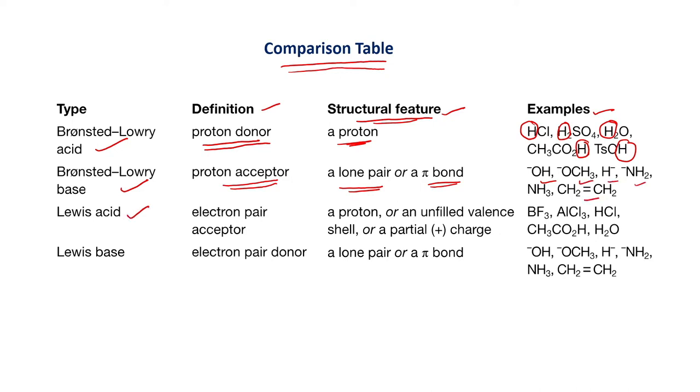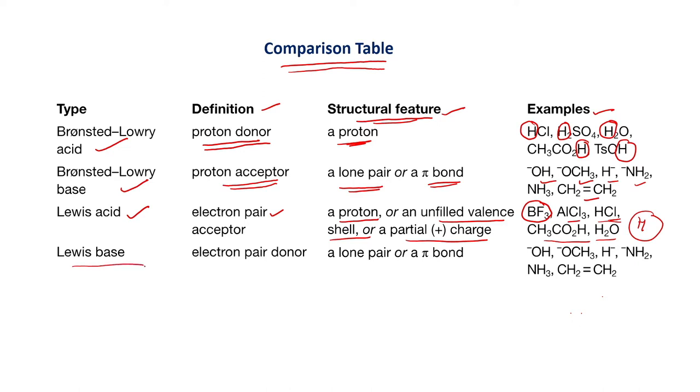Lewis acids are electron pair acceptors. So the structural features involve an unfilled valence shell and a partial positive charge, like in the last example we studied, BF3 and aluminum chloride. Now you can see in acetic acid, water and hydrochloric acid the structural feature is a proton because they are Bronsted-Lowry acids, but we studied that all Bronsted-Lowry acids are Lewis acids.